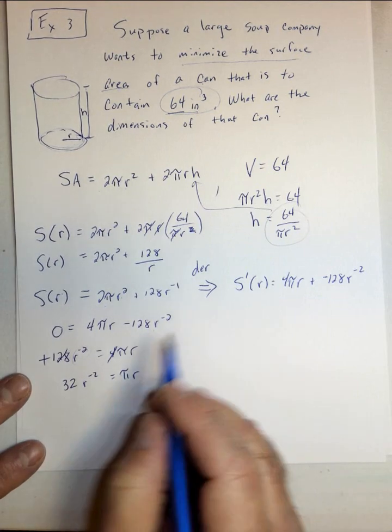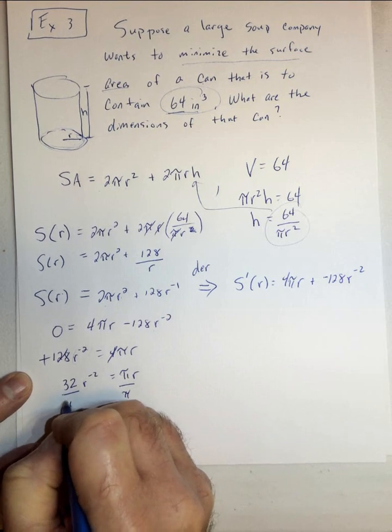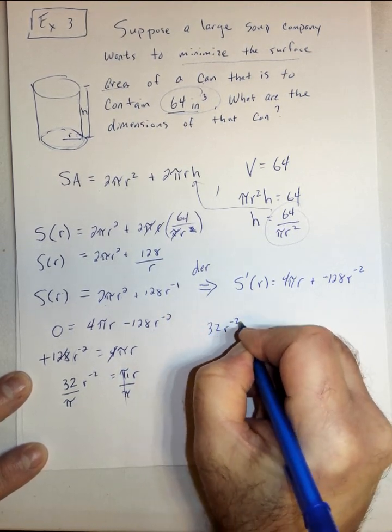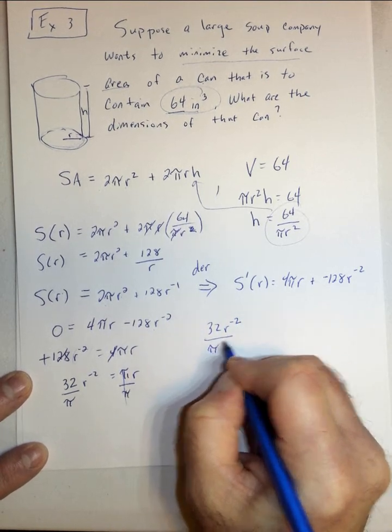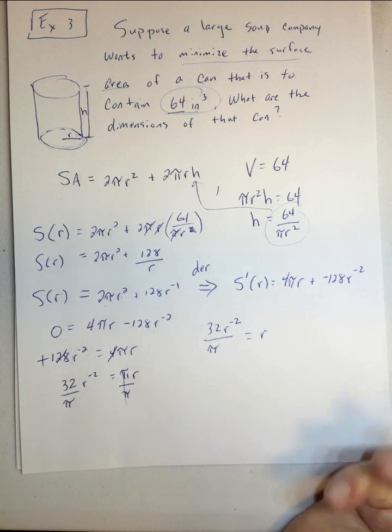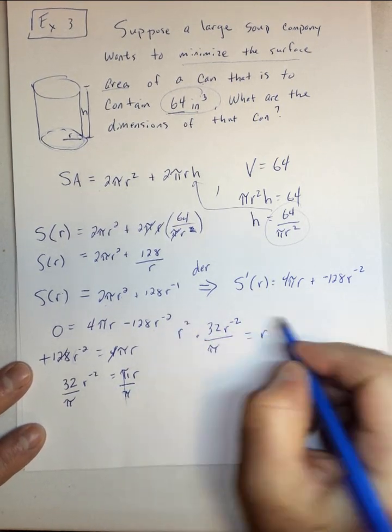I'm not going to square both sides. What I'm going to do is isolate this r. So I'm going to divide by pi. So I now have 32 r to the negative 2 over pi equals r. And I don't really want to square it because I don't want to make that number bigger, even though I could. What I'm really going to do is multiply both sides by r squared.